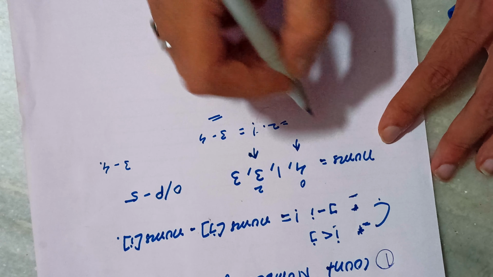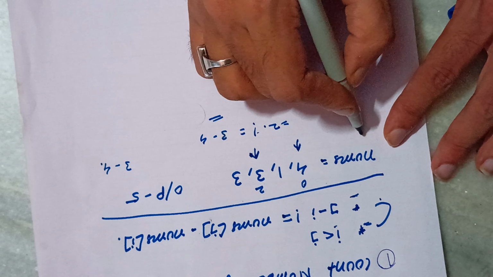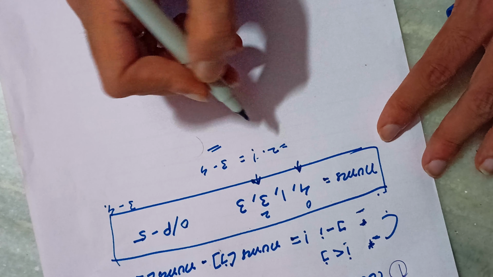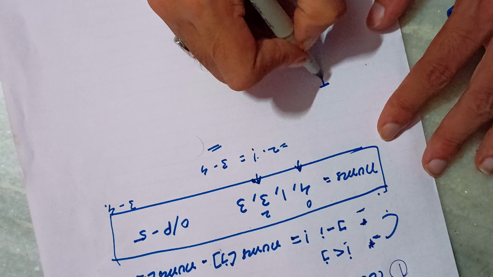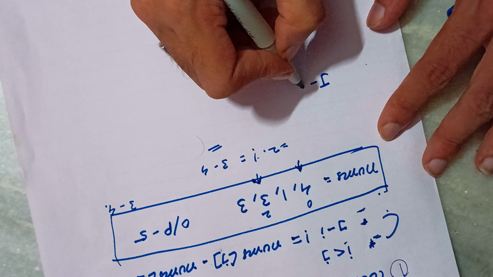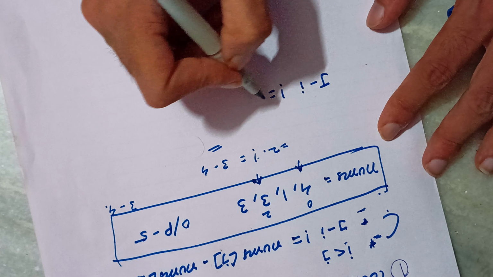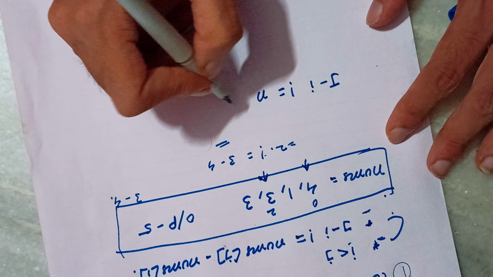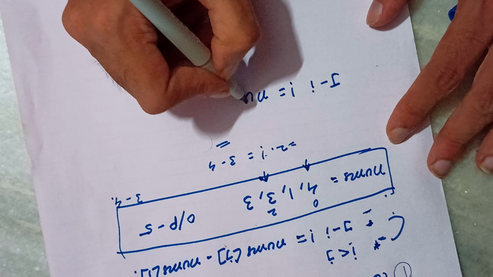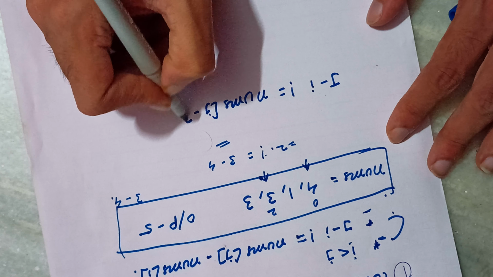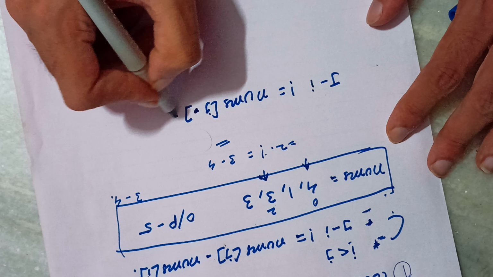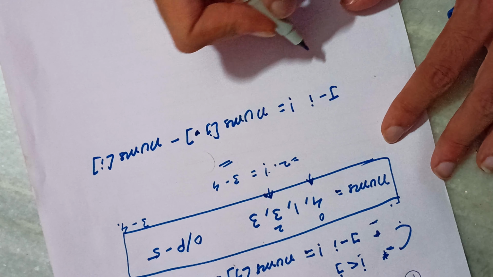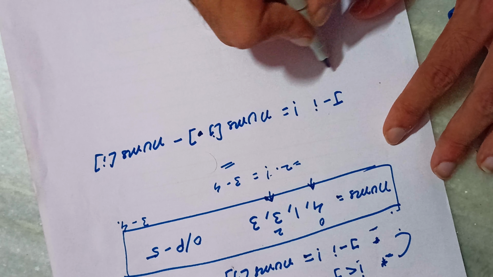So how do we solve this question? First, find the intuition with the given formula. If j minus i is not equal to nums[j] minus nums[i], then we can modify the formula according to our need.